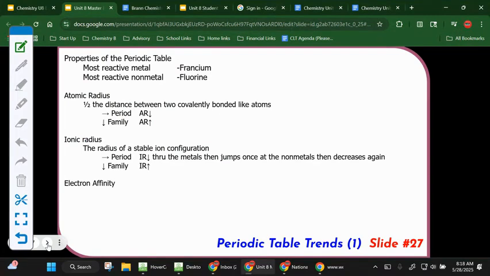Okay. Now we're going to talk about something called electron affinity. That is the ability to attract and hold on to an extra electron. What atoms are great at this? What kind of atom wants to attract and hold on to an extra electron?